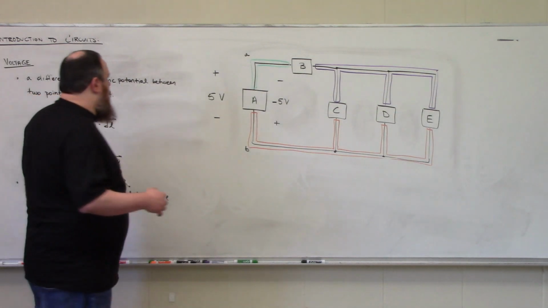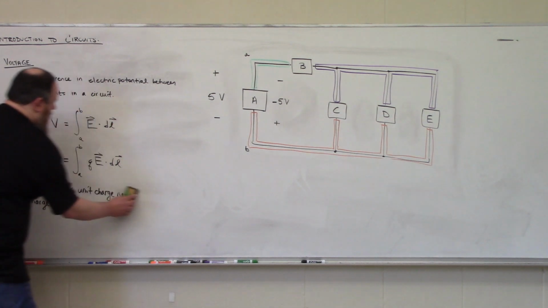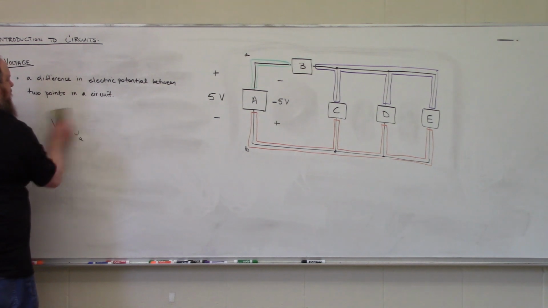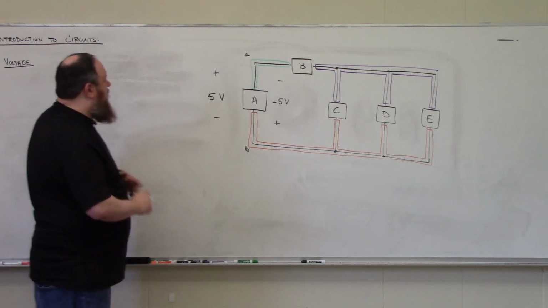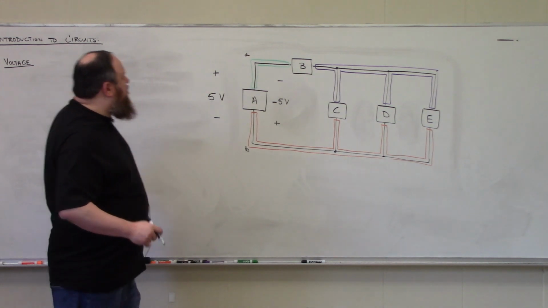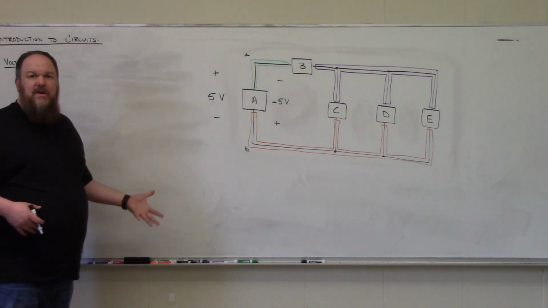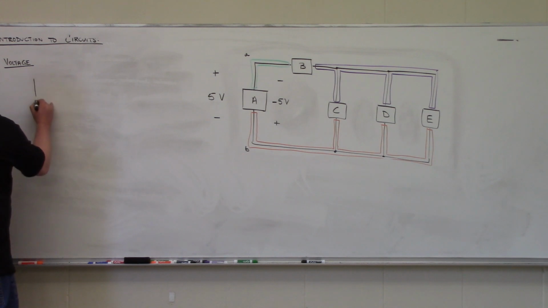Before we move on to current, I want to talk about how voltages are represented in circuits. So our basic voltage drops is fairly well defined, right? We have a magnitude and a polarity. Voltage sources, however, can come in a variety of different schematic representations. So our first representation is the one that you're probably the most familiar with.